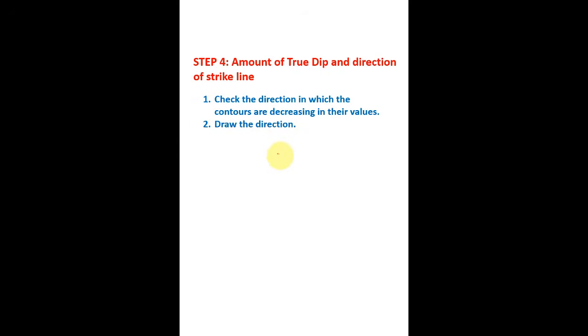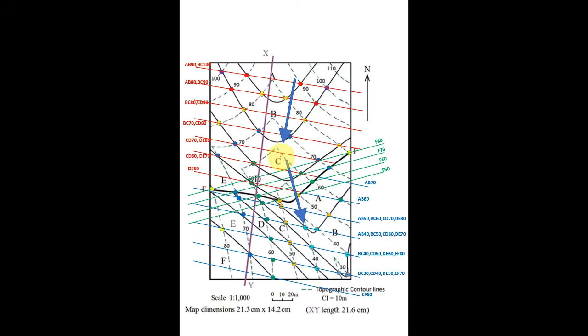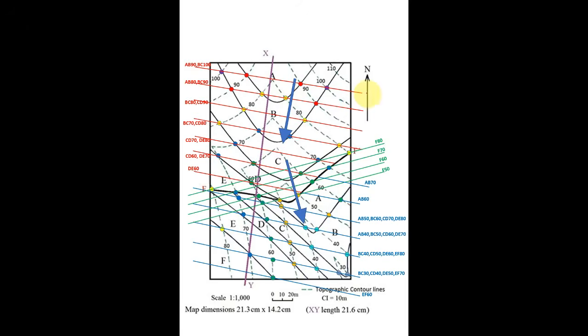Amount of true dip and direction of strike line. So the direction of the strike line is basically, you will have to measure the angle that these strike lines are making. So you can extend this like this, and you can just measure this angle.